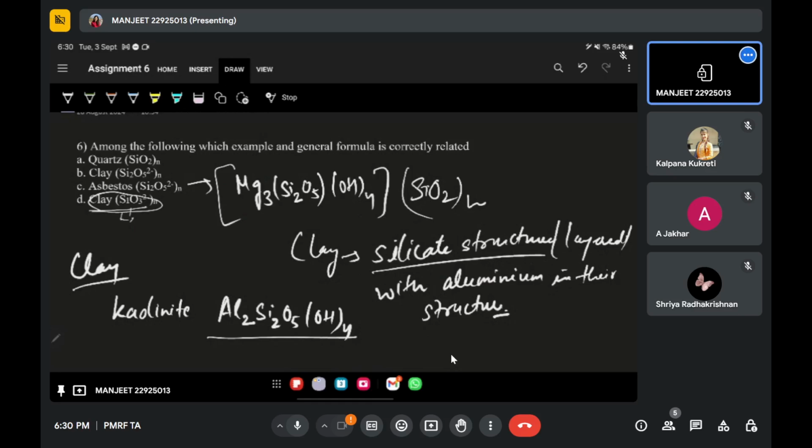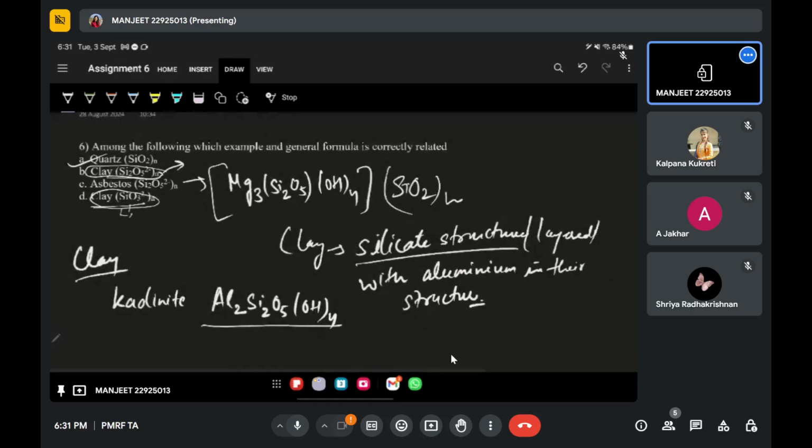So the quartz SiO2n is the only correct answer for this one. Okay, the clay is also having the silicate structure, but this is not the general statement. This is only for this kaolinite only. If I talk about the general, this is not a representation for the general clay one.